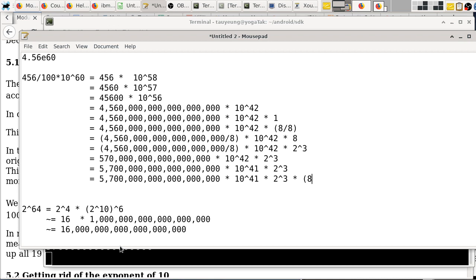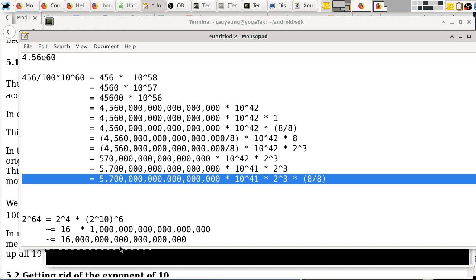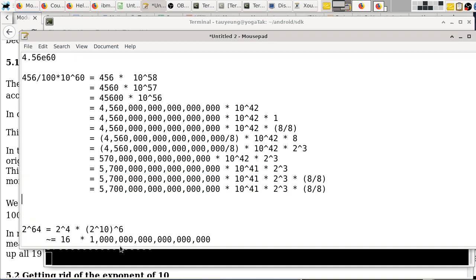So we'll have this again, right? And then what we do is we move around the division by 10 and the multiplication by 10 into different parts. The division by 10 is done to the mantissa. The multiplication by 10 is absorbed by the exponent of 2. So now we rewrite the whole thing like this. Are we doing okay?